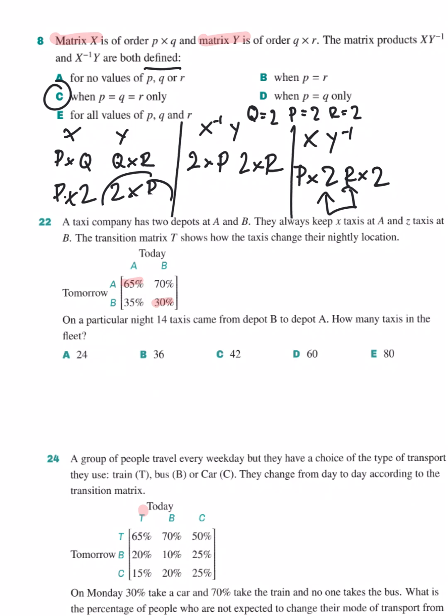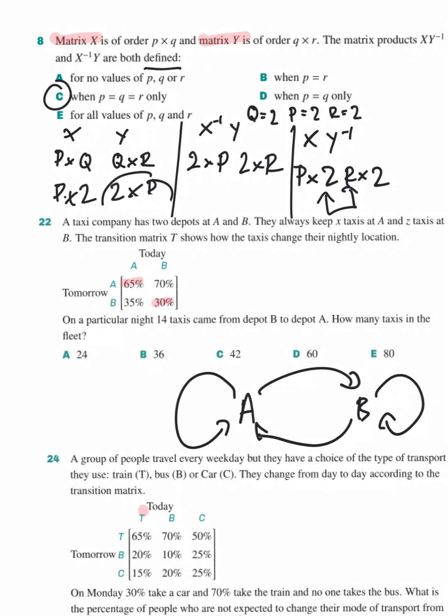So what I'm actually going to do is a transition diagram. We've got depot A, and we've got depot B, and we've got transitions from A and from B. We're obviously keeping some at A as well.